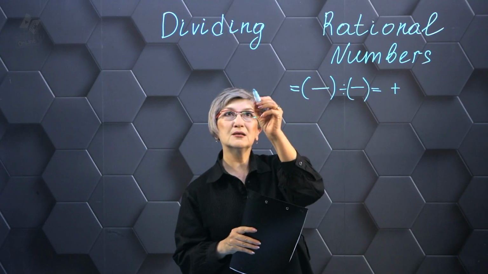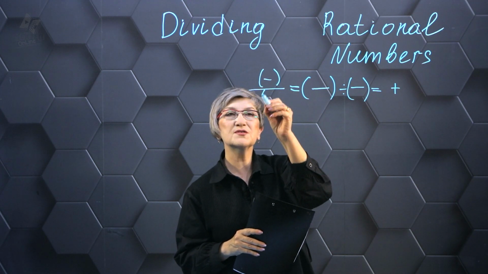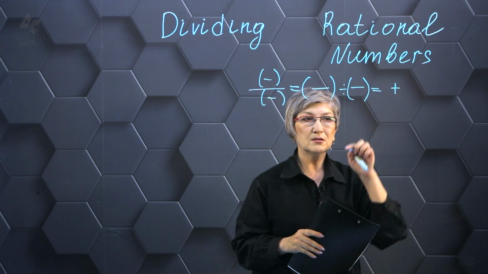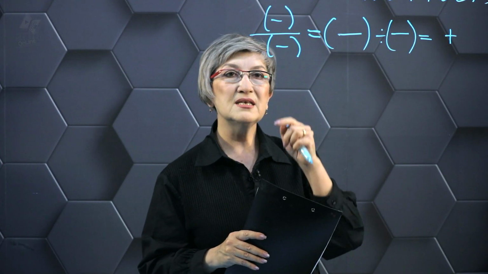But we know that the division sign can be written as a fractional line. So if you have a negative number in the numerator and a negative number in the denominator too, the answer is a positive number. Now let's divide two positive numbers.